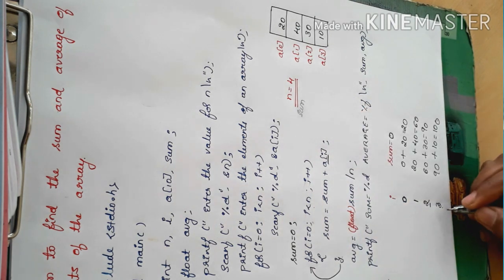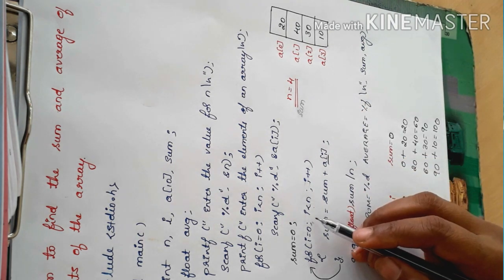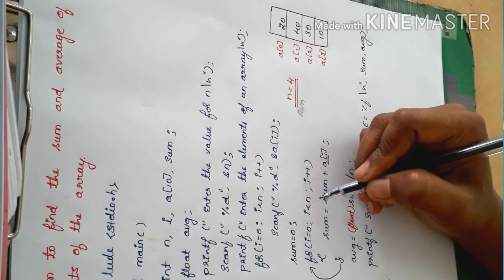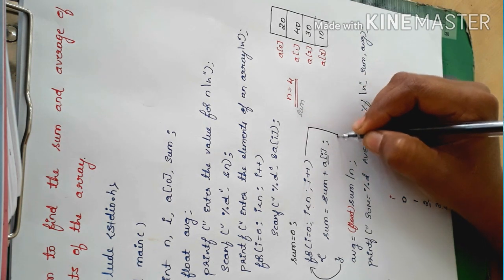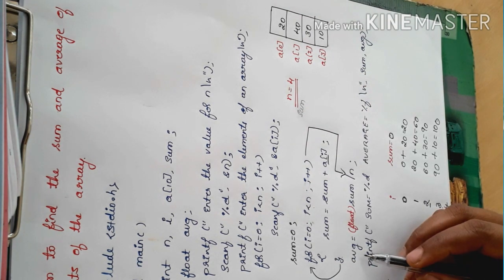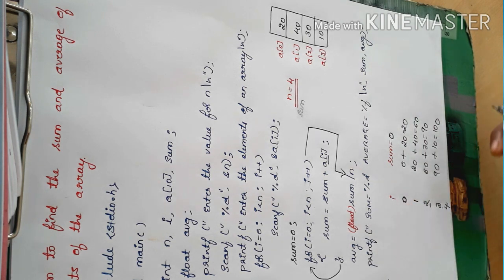Next updation, i is incremented by 1, means i becomes 4. Then condition: i value is 4, n value is 4, 4 less than 4, the condition is false. Control moves out of the for loop. Next average is equal to float of sum divided by n.